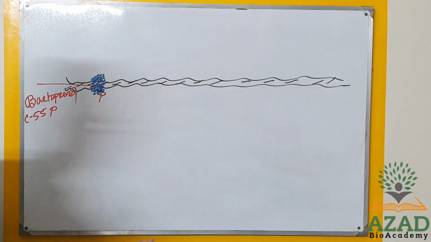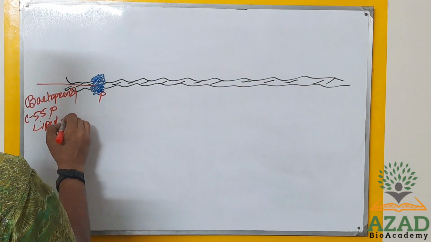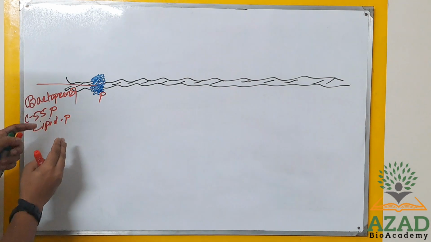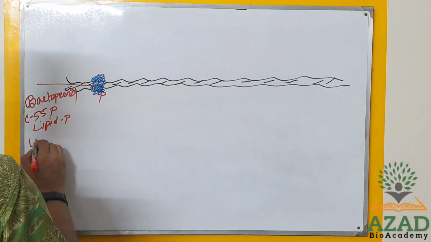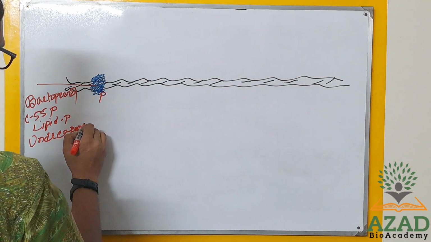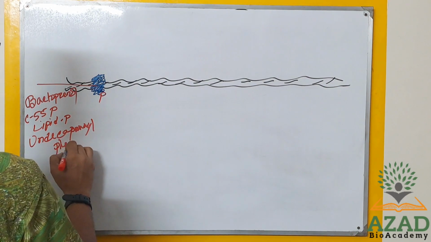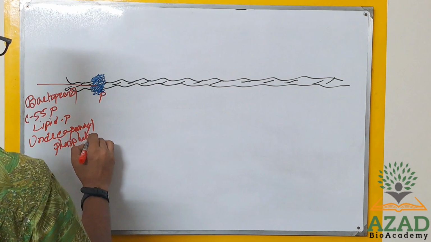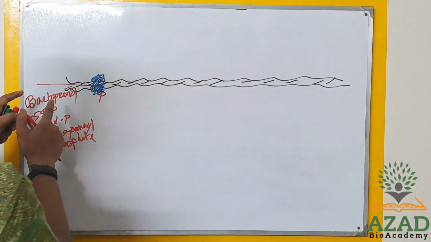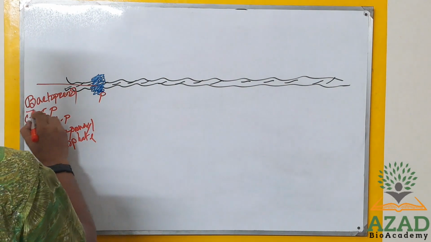So C55P. You can say simply lipid P. Okay, lipid phosphate. Or another chemical name is undecaprenyl phosphate. Okay, so different names. But for your easy understanding, I will several times use the terminology bactoprenol.